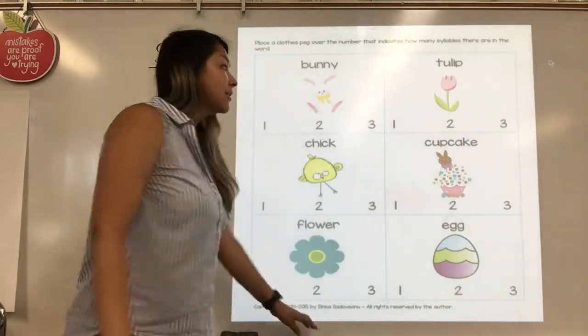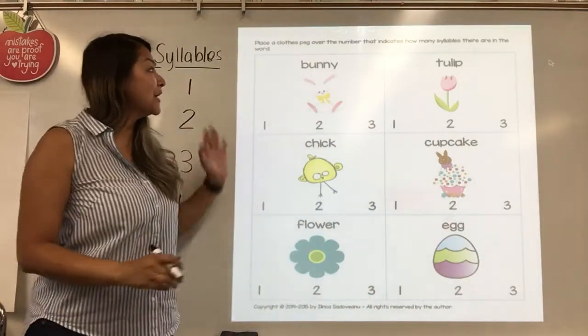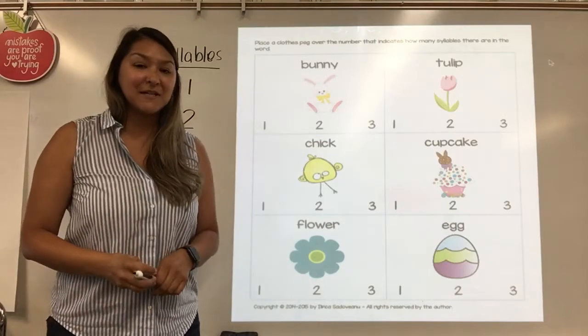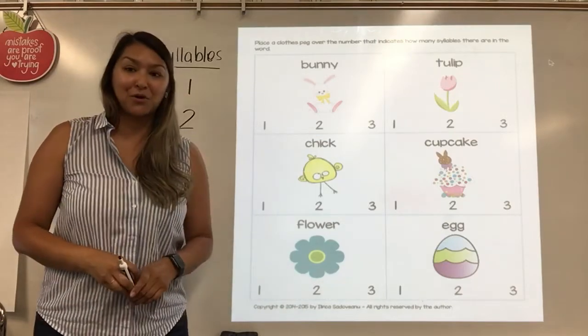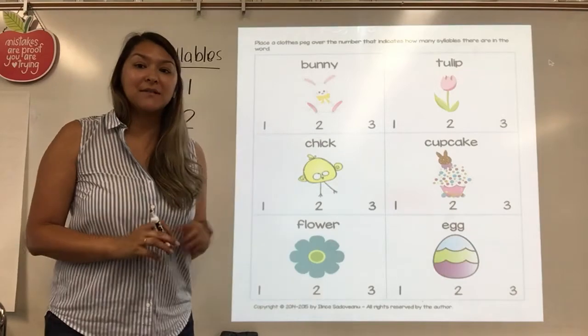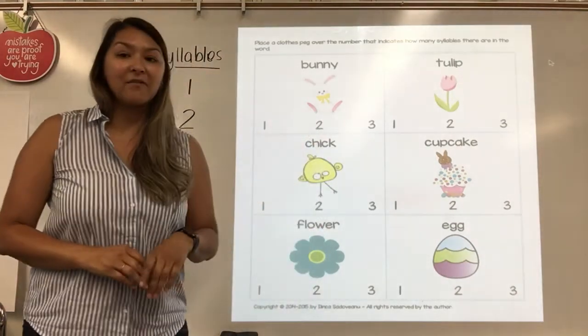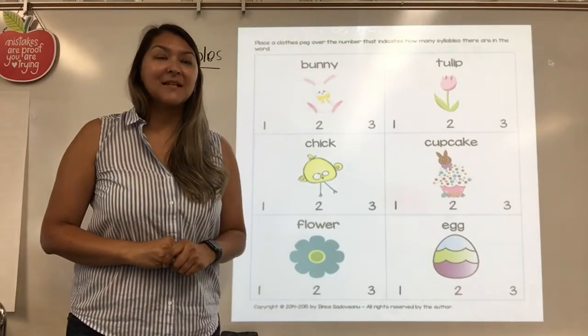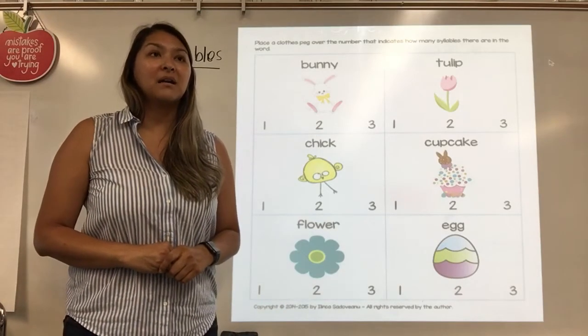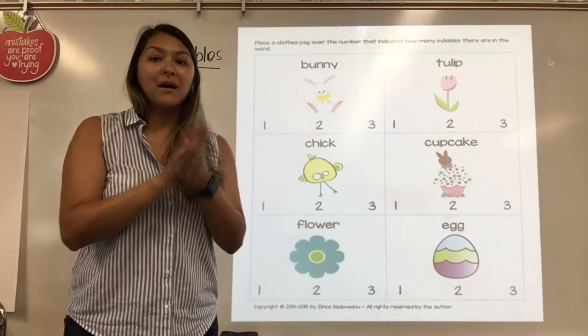Now, we're looking at a really spring-like page. This page has lots of pictures that remind me of Easter or of spring. So let's break down these syllables and see what we can determine. The first picture is of a bunny. Let's say it together. Bunny. Let's clap it. Bunny.